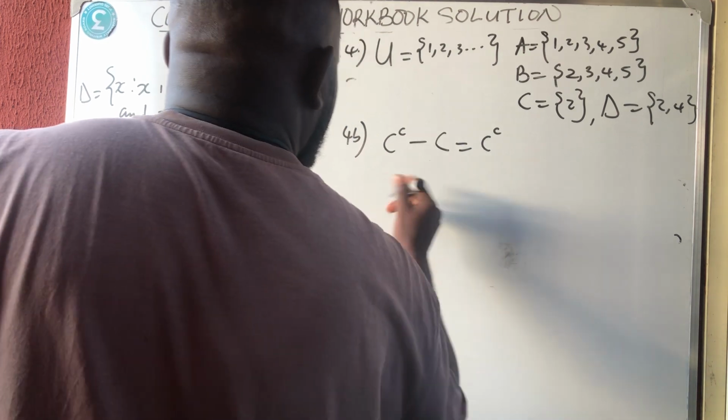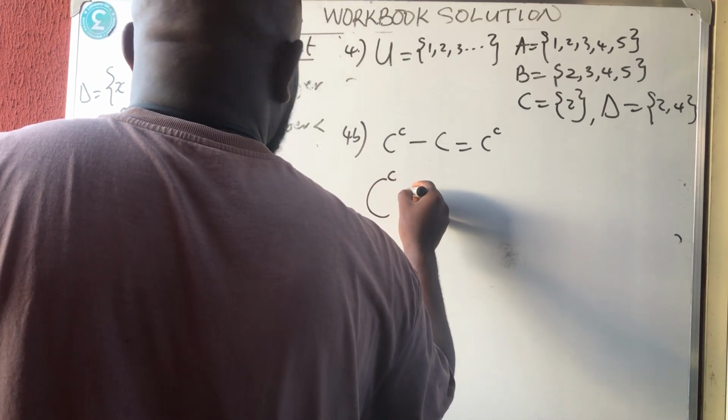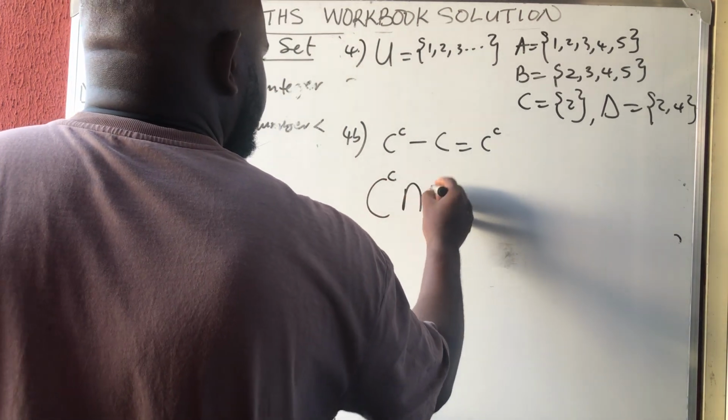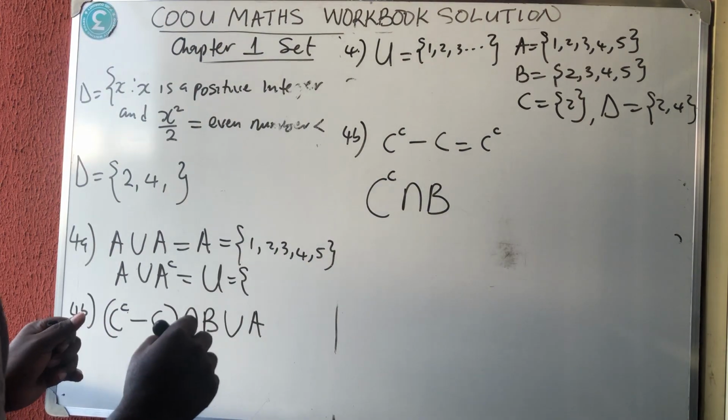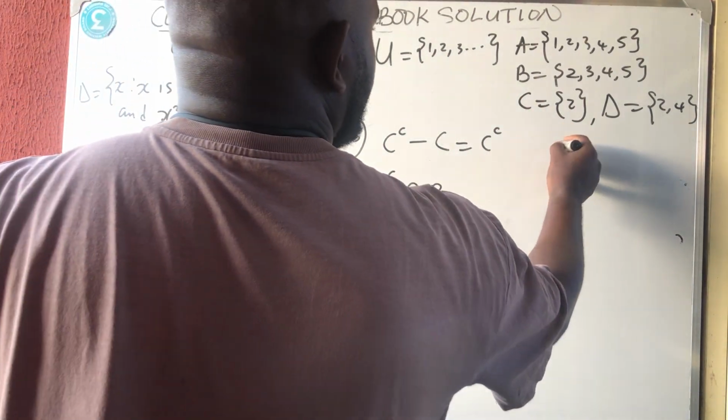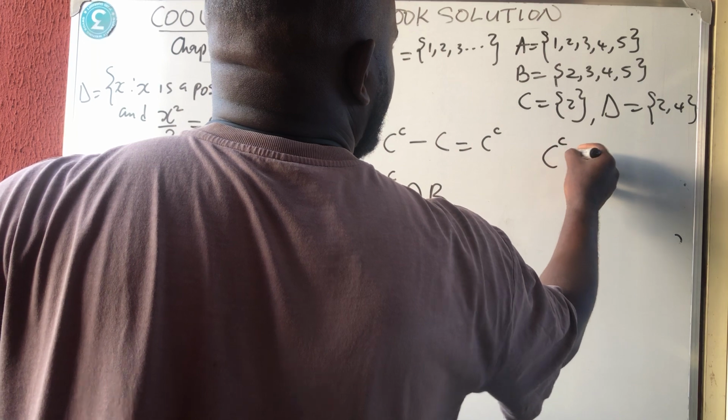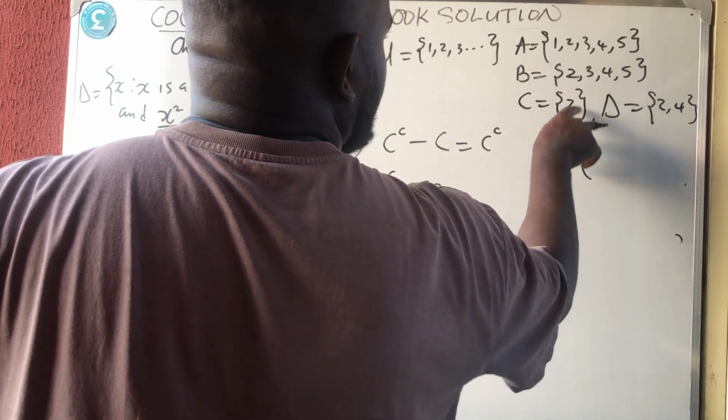So we'll now say the C complement intersection B. Now let us get C complement. C complement means remove C from the universal set.